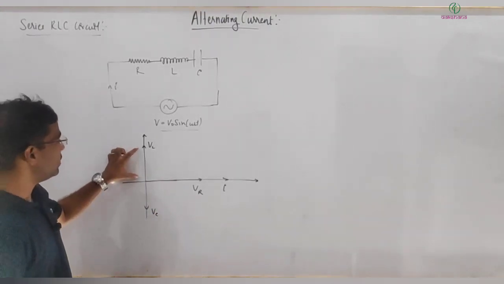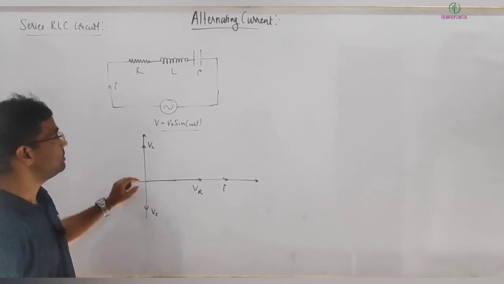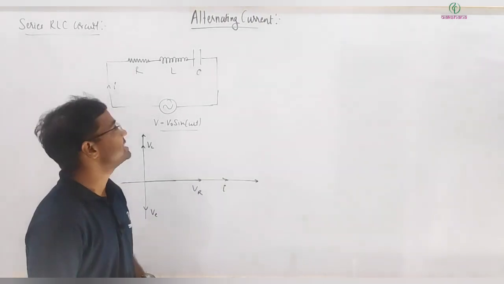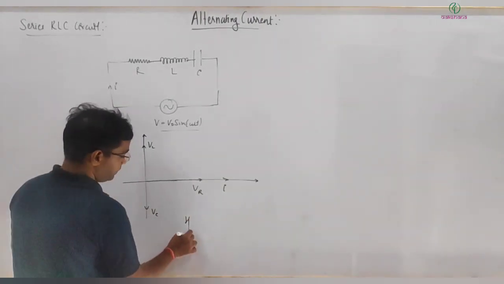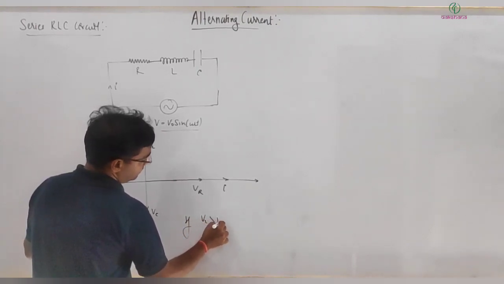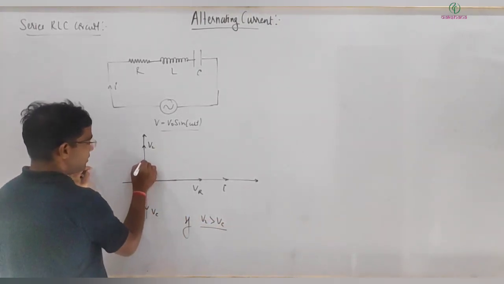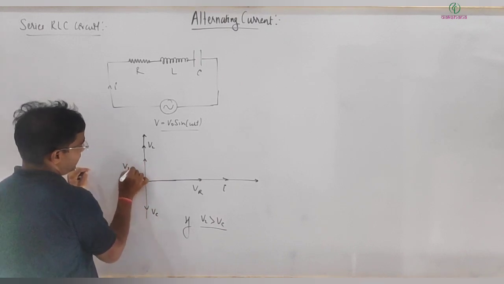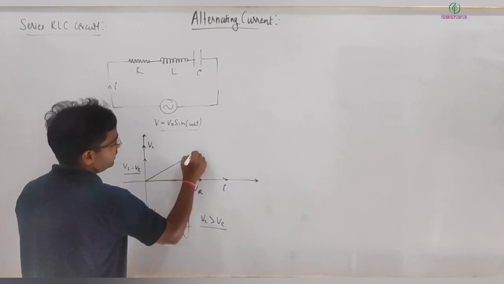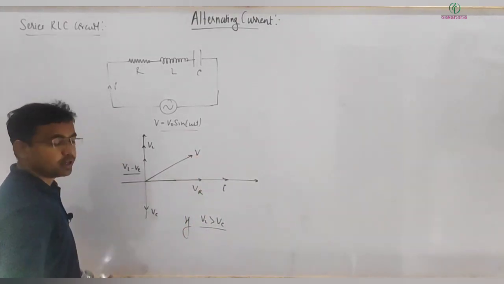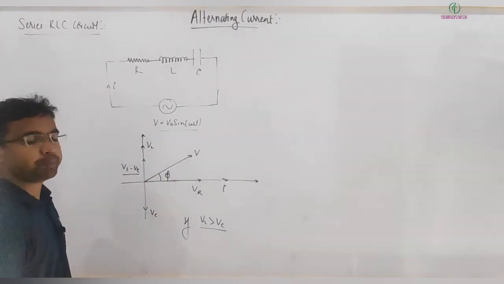Now, depending on whether XC or XL is larger, VL may be greater than VC. In this situation, if I take VL greater than VC, then overall VL minus VC will come here. Then my net voltage will be here. This is your V. Clear? And this is our phase angle phi.